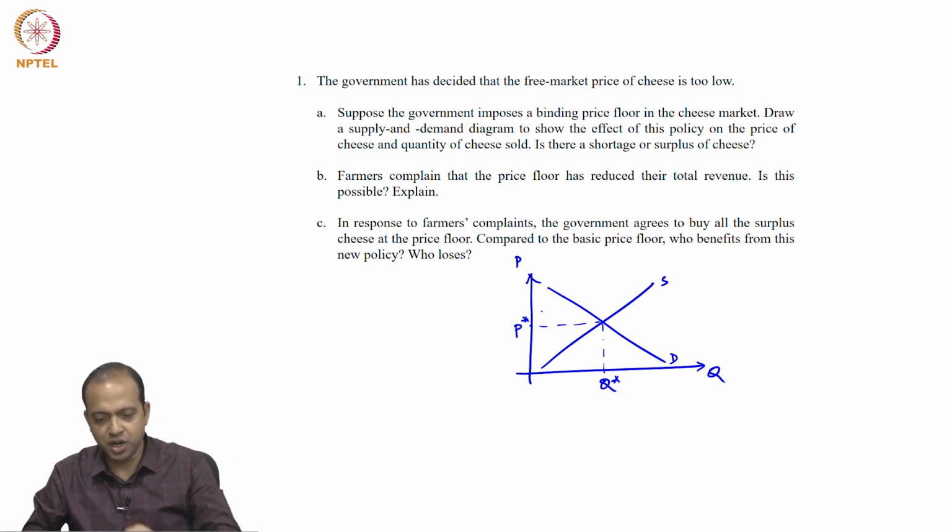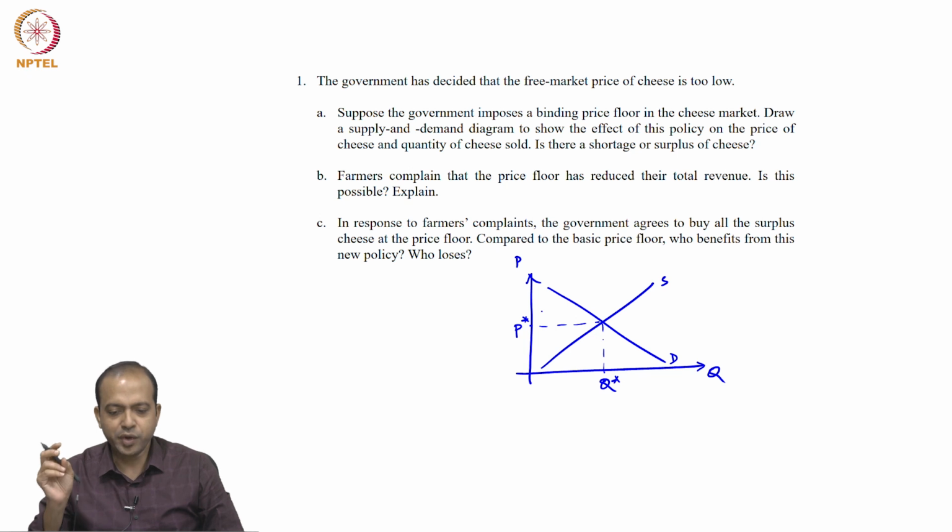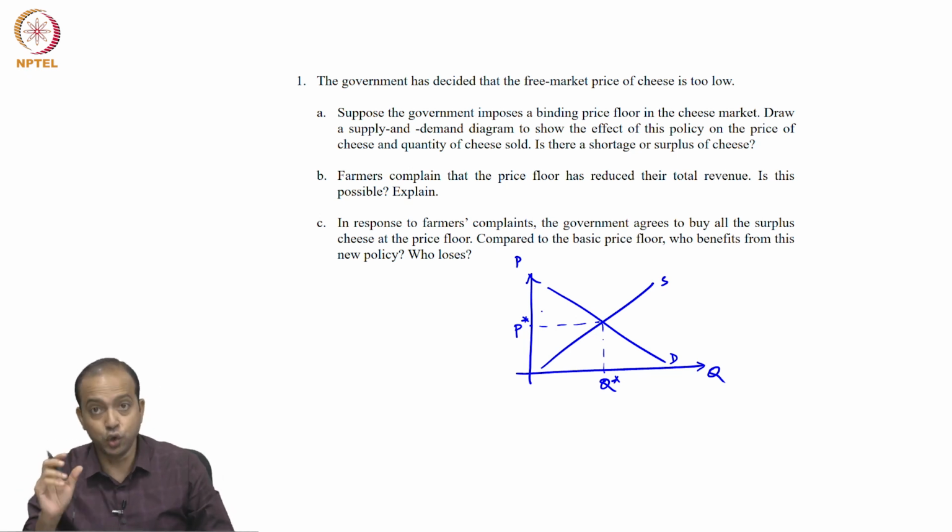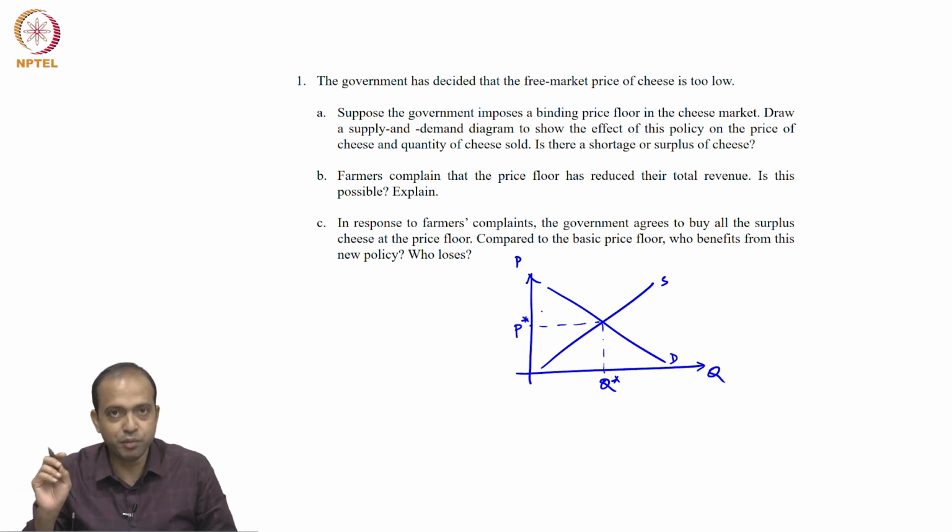So, this P star, the equilibrium price for cheese is very low, that is what government is thinking, and then the government is trying to set a binding price floor. Now, we need to understand what does it mean.